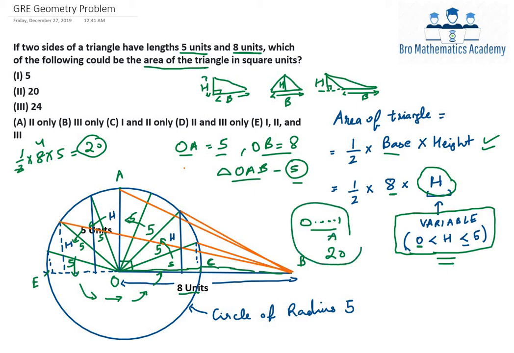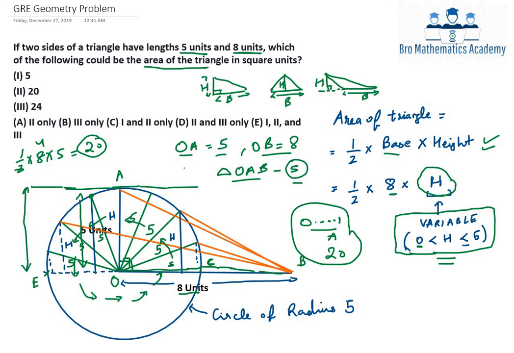So all the values of area are possible between 0 and 20, but it can never be greater than 20. That's what you have to take care of, because the perpendicular only gives me the maximum height, right? If I move it to this side, even then this height will be less than 5, because this is my maximum height possible, right?